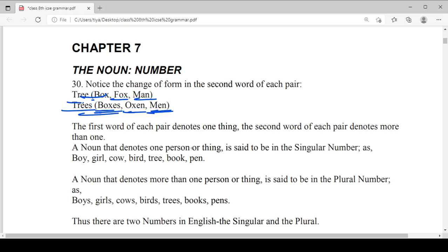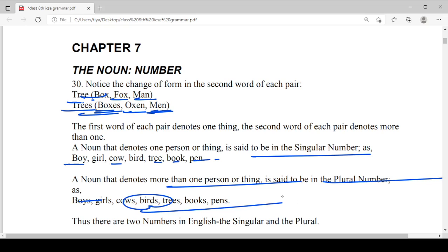A noun that denotes one person or thing is said to be of the singular number: boy, girl, cow, bird, tree, book, pen. And a noun that denotes more than one person or thing is said to be of the plural number, like boys, girls, cows, keys, birds, trees, books, pens.